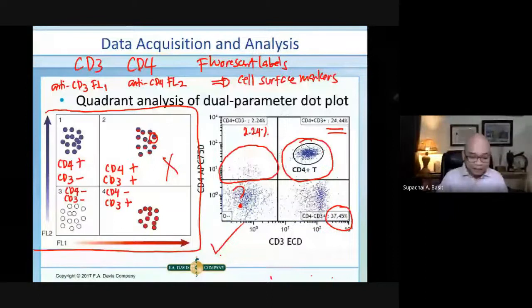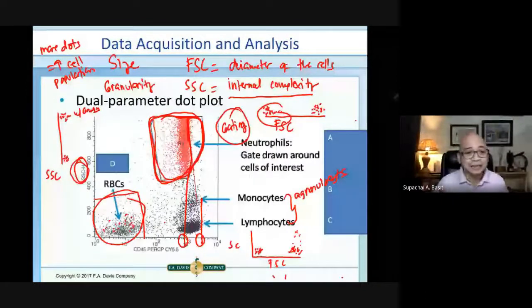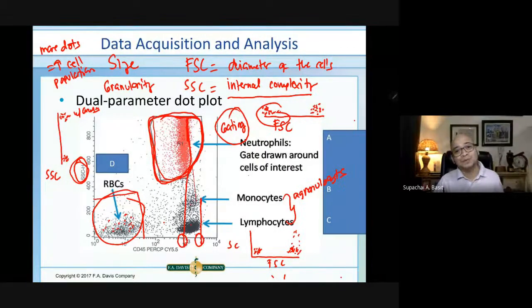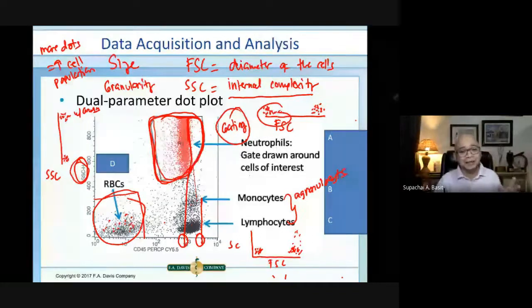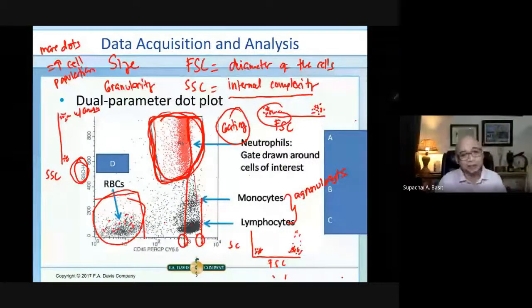So therefore, in summary, we can determine side scatter if we want to determine internal complexity. Forward scatter if you want to determine the size or diameter of the cells. With that, you can also do gating if you want to determine a specific cell population.